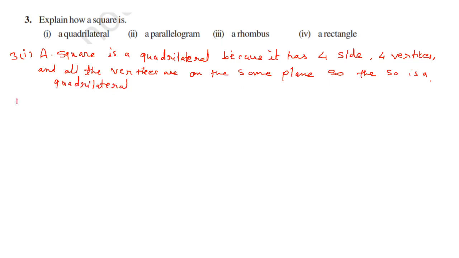Now B. A square is a parallelogram. In a square, opposite sides are equal. Opposite angles are equal.